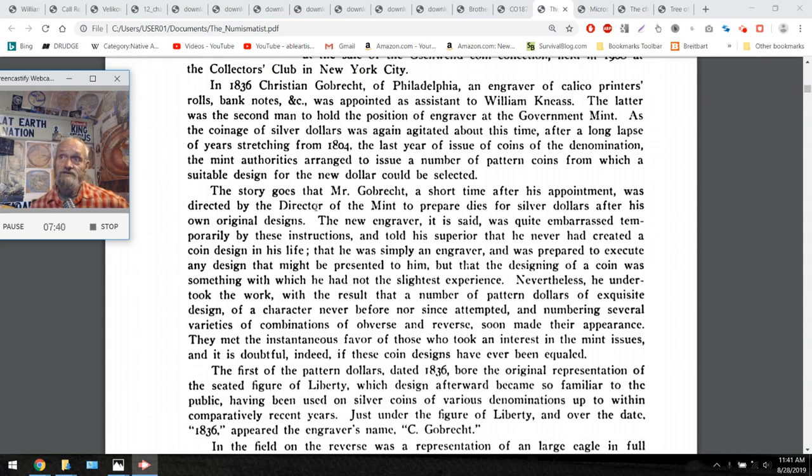The story goes, they don't know, a short time after his appointment by the director to prepare dies for silver dollars after his own original designs, the new engraver, it is said, was quite embarrassed temporarily by these instructions and told his supervisor that he never had created a coin design in his life, that he was simply an engraver and was prepared to execute any design that might be presented to him, but that the designing of a coin was something with which he had not the slightest experience.